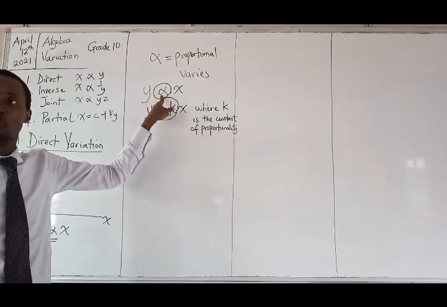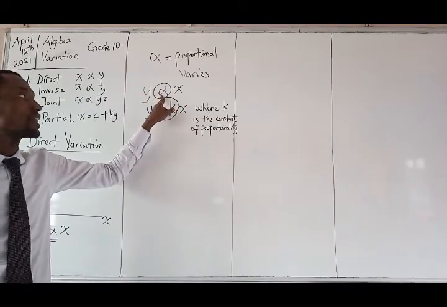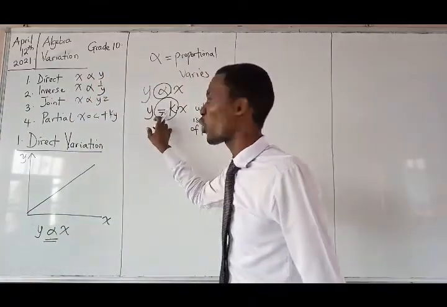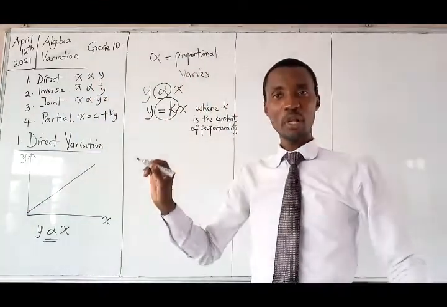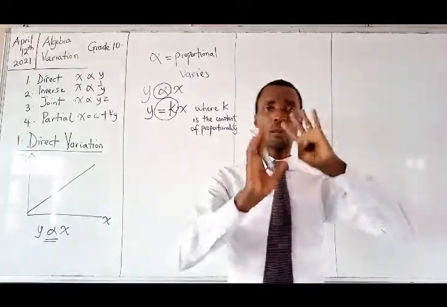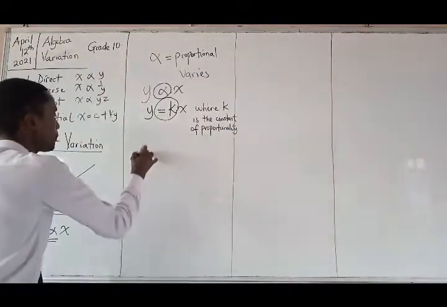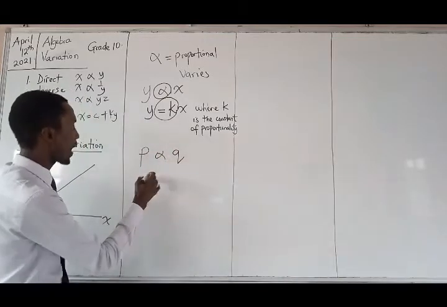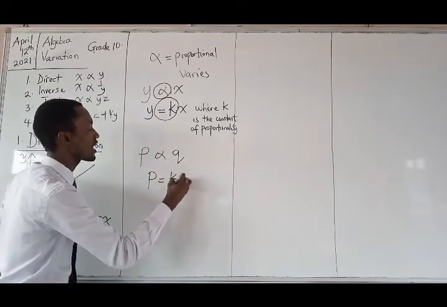In place of this proportionality sign, because we want to make it an equation that we can relate with, we have now replaced it with equals k. So let's play with this a little more. If I have written p varies as q, I would write that p is equal to kq.